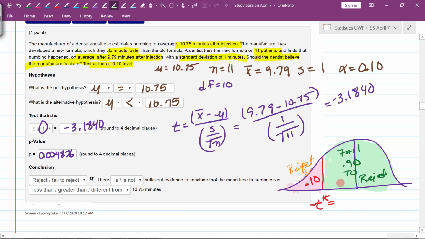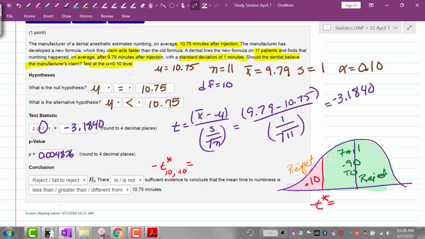Now we're going to plot on here our test statistic, but I can't plot that till I know what my T star is, because I need to plot it in relationship to my T star. So my T star is going to be negative. So negative T star, at 10 degrees of freedom, at alpha 0.10, and it is a one-tailed test.